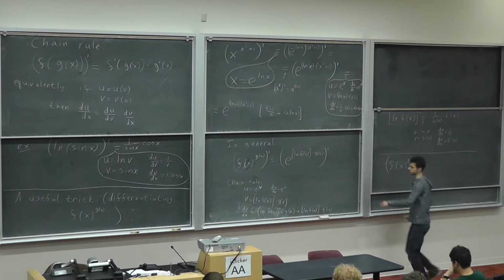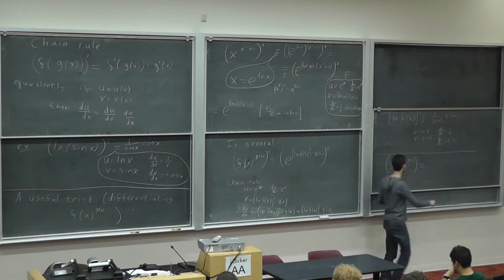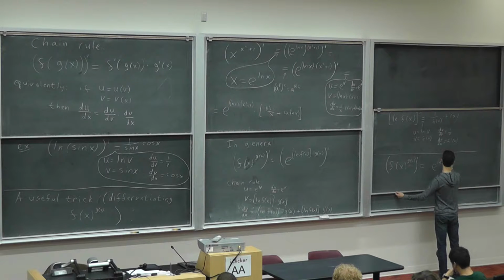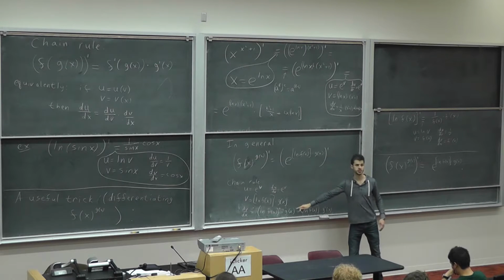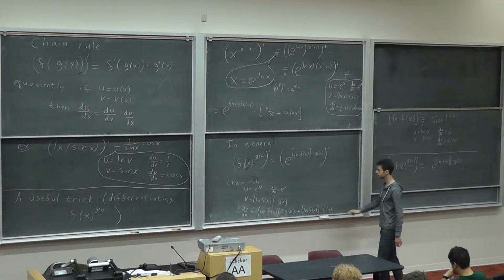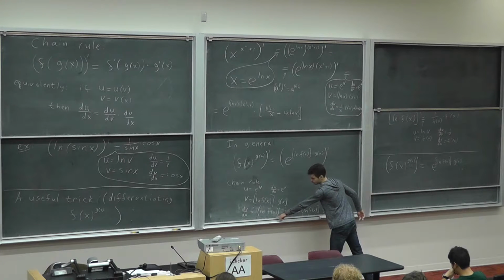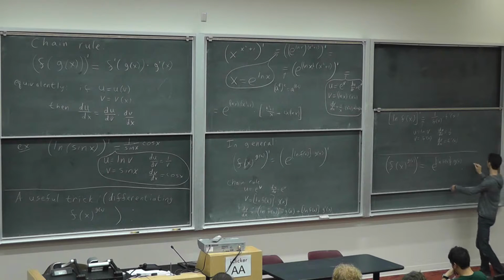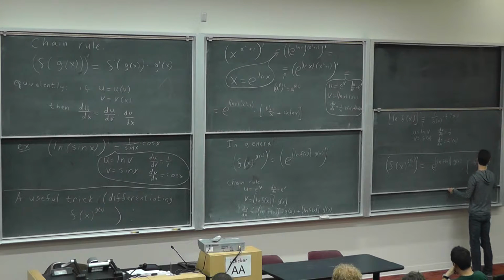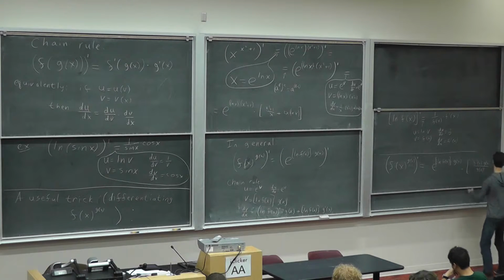So the answer is, well, somewhat complicated. e to the power 1 f of x multiplied by g of x, multiplied by dv by dx, multiplied by this whole expression, and I'll have to plug in whatever I computed there for the derivative of 1 f of x. So it's f prime of x and g of x divided by f of x plus g prime of x times 1 f of x.